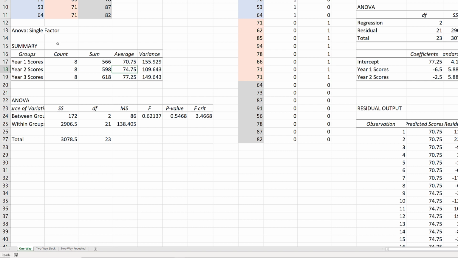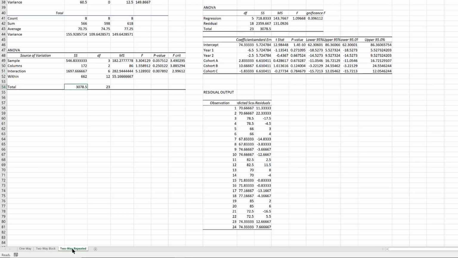So there's a lesson here: when we're using these 24 values that are the same across the 1-way ANOVA, the 2-way block ANOVA, and the 2-way repeated measures ANOVA, the total sum of squares is the same for all 3, as long as we're using the same data, 3078.5. Let's go back here. Let's look deeper into the ANOVA tables for these 2.